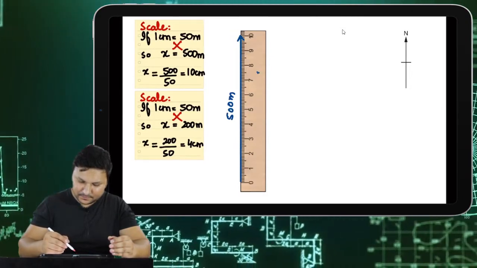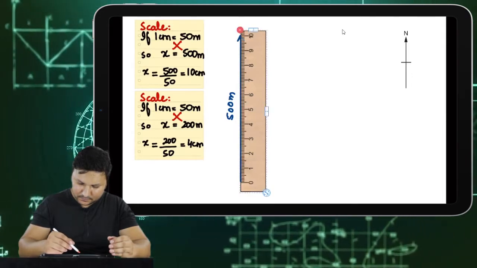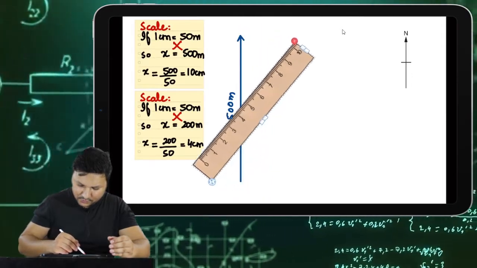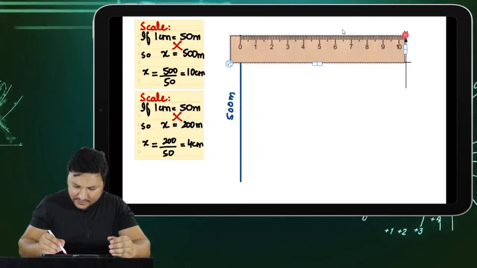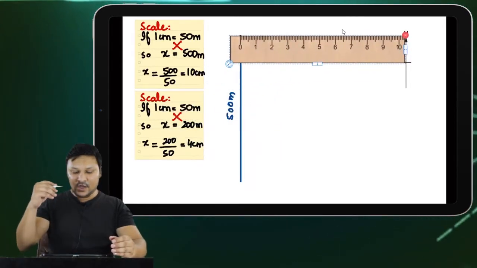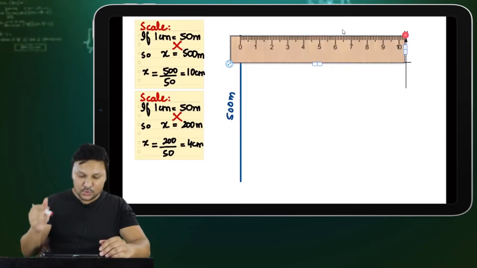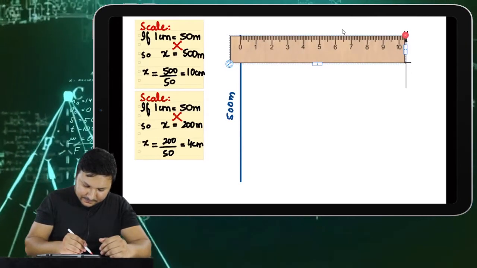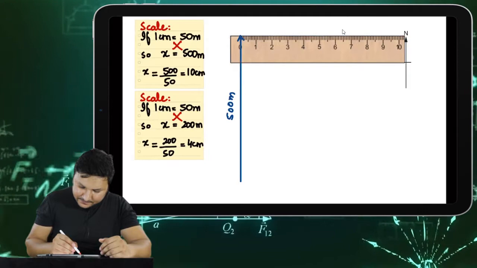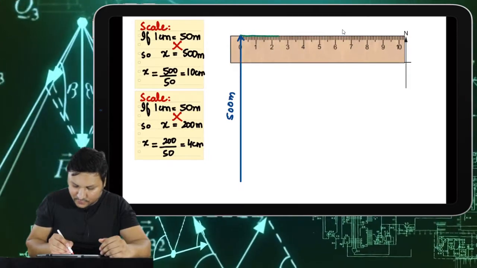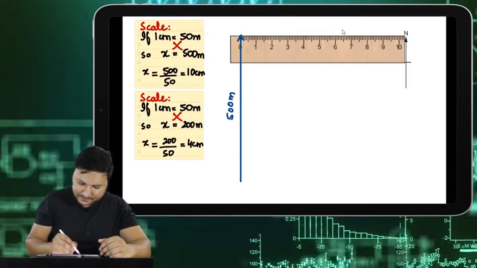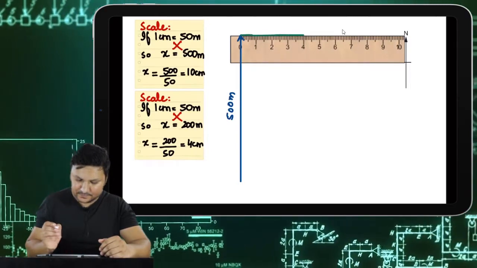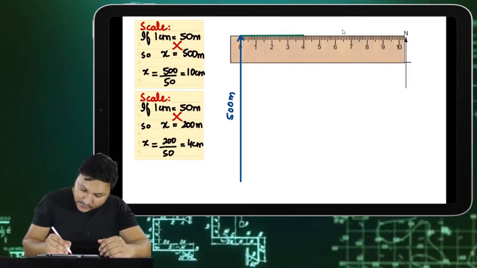You just have to move this ruler, and let's say I'm making a vector of 200 meters first towards upwards. And this vector should be of 4 centimeters like this. And I will draw the arrowhead.